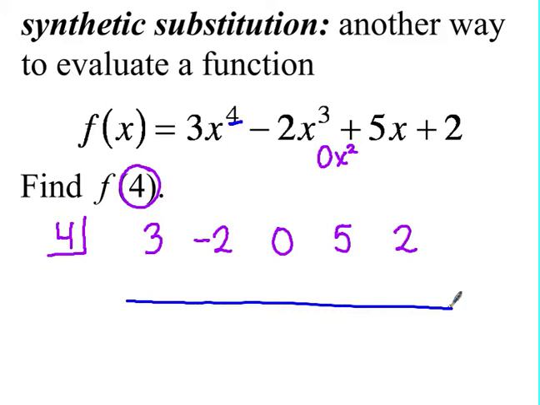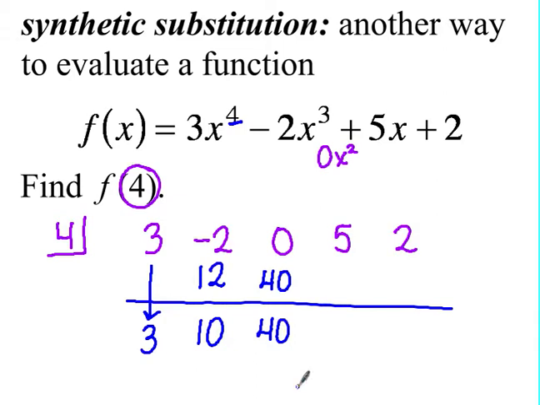Do we remember what we do first? Bring down the 3. You always bring down the very first number. Now what do I do with the 3? I take it times 4 and I get 12. Then I add down. Then 10 times 4 is 40, and I get 40.